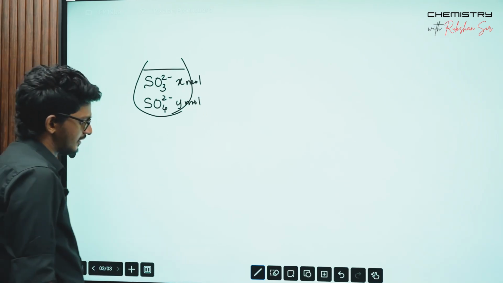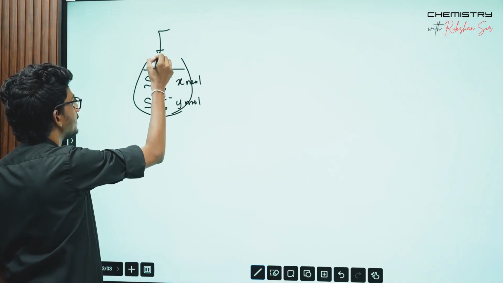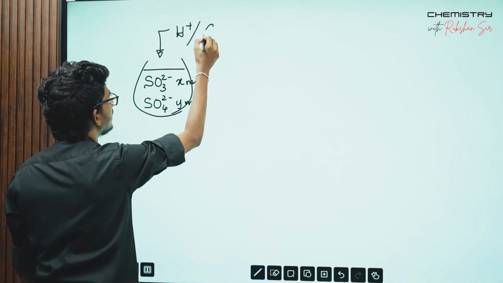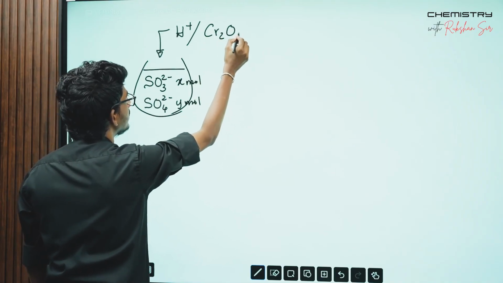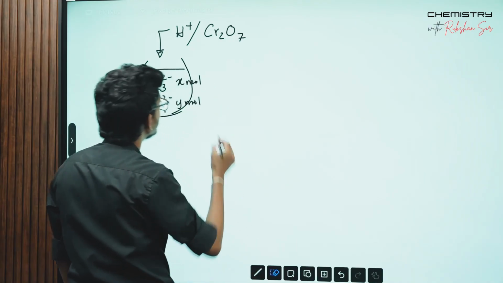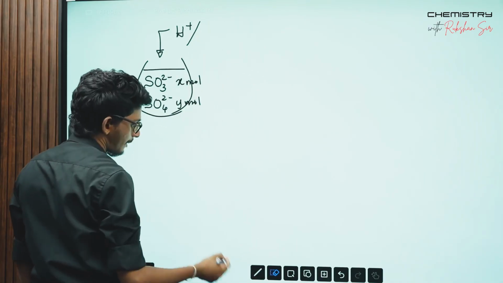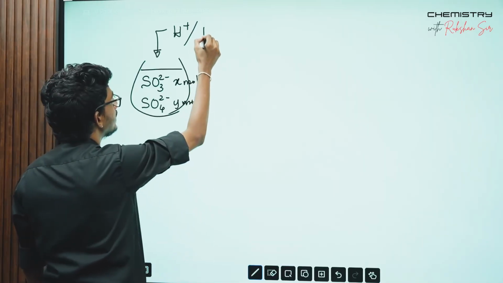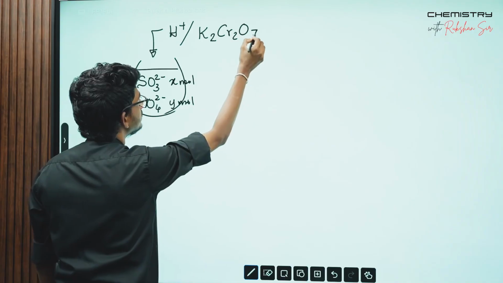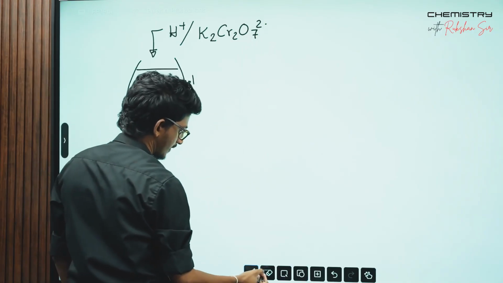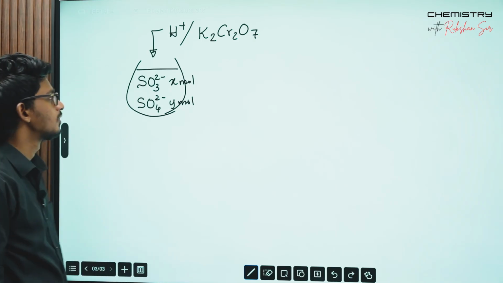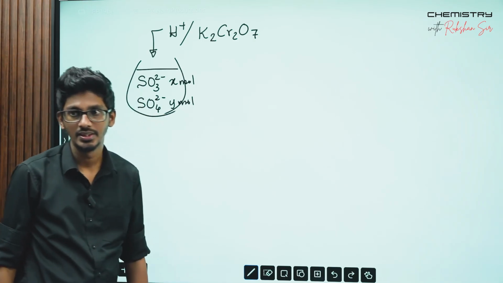And let's say from the top you are adding some acidic medium dichromate, sorry, let's take it as potassium dichromate, acidic medium potassium dichromate, K2Cr2O7. Okay, let's try to come up with the redox reactions possible here.